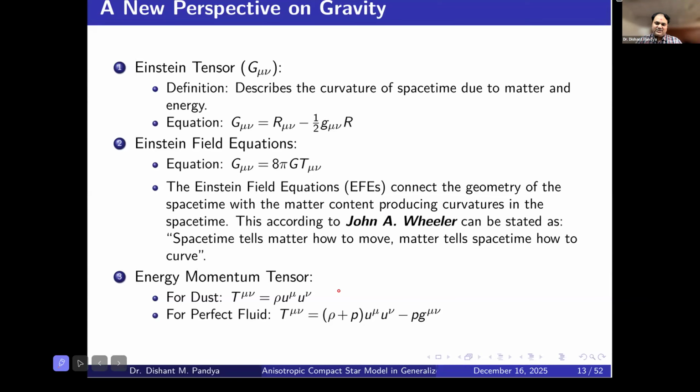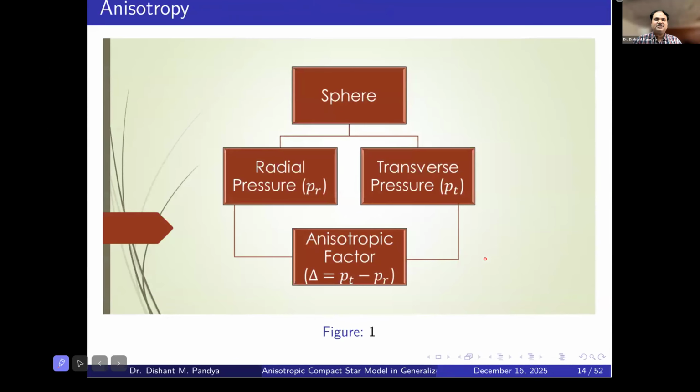And for several stages, we will have this kind of situation. For dust particles, you will have the energy momentum tensor in this way: T mu nu is equal to rho u mu u nu. And for a perfect fluid distribution, we can have this one, which is a widely popular and used equation. So for a perfect fluid, and if you want to go even with anisotropy, then that is also possible.